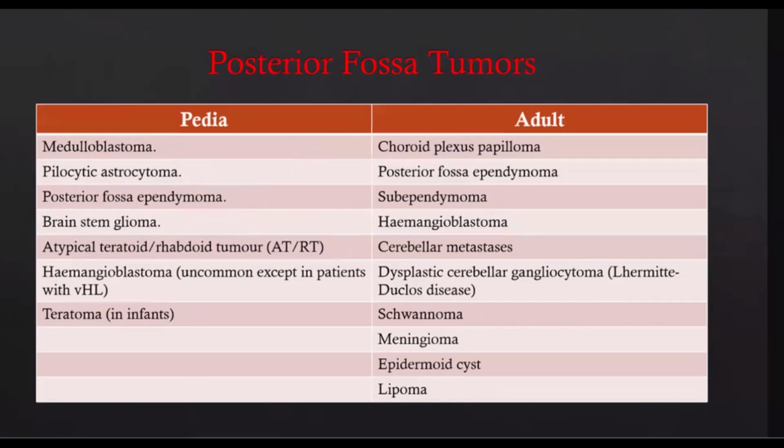We have also in the adult age group choroid plexus papilloma, an avidly enhancing mass, as we saw before. Posterior fossa ependymoma is less common. Subependymoma most likely does not enhance. Hemangioblastoma, as we said. Cerebellar metastasis, dysplastic cerebellar gangliocytoma, as we saw. Schwannoma is more common at the internal auditory canal and cerebellopontine angle.